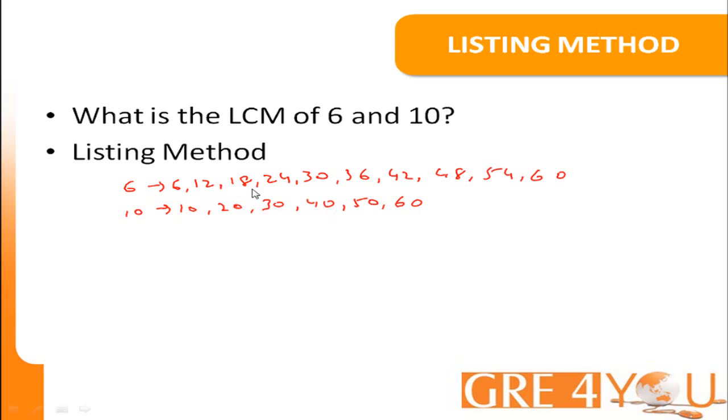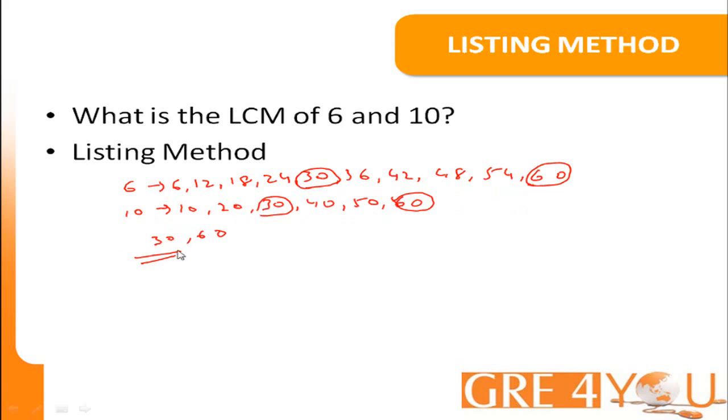Now inspect the list of numbers over here and notice that 30 occurs in both lists, and the same happens for 60. Therefore the common multiples of 6 and 10 are 30 and 60. However, what we're looking for is the least common multiple, and that would be 30.